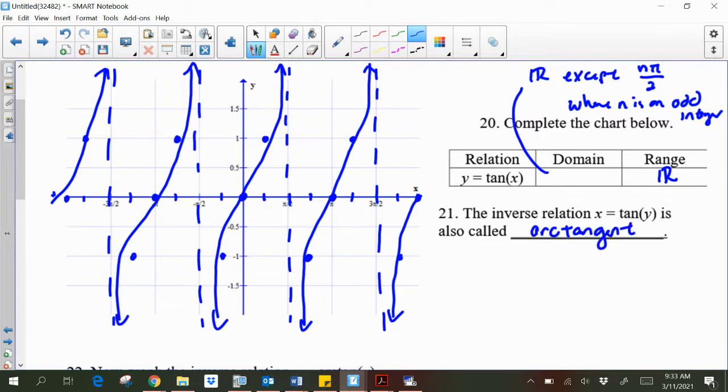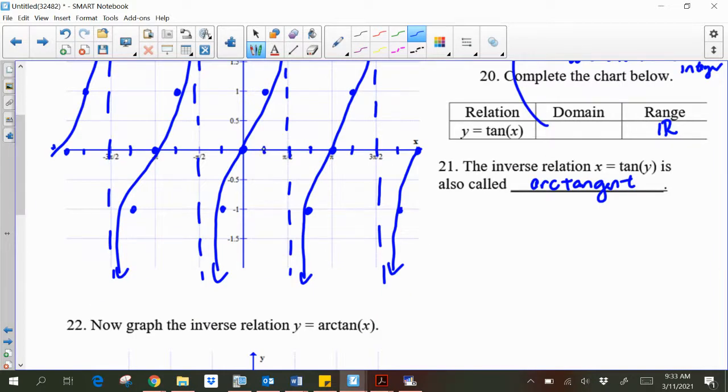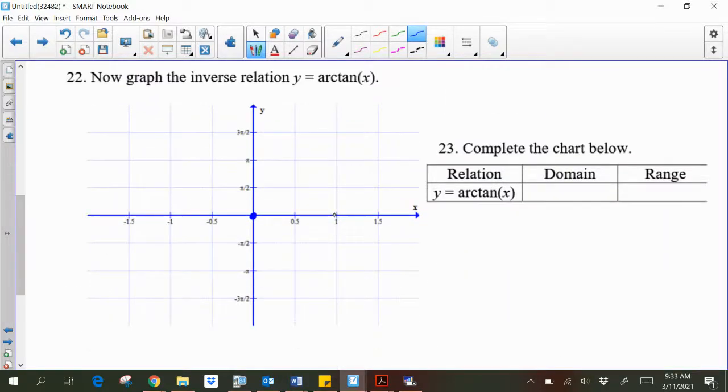All right, now this is where you have to be very careful. You really need to make sure you're looking at points and interchanging points so that you don't do arctangent backwards. Okay? So yes, we have a point at 0, 0. Then we had a point at pi over 4, 1. So we have 1, pi over 4.